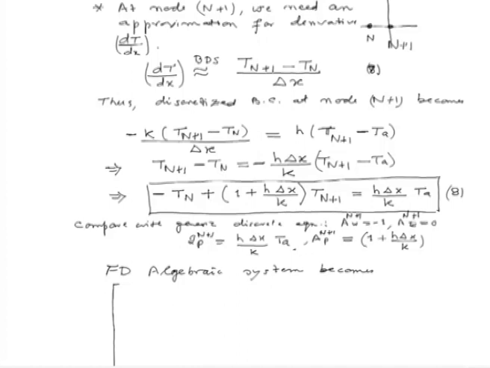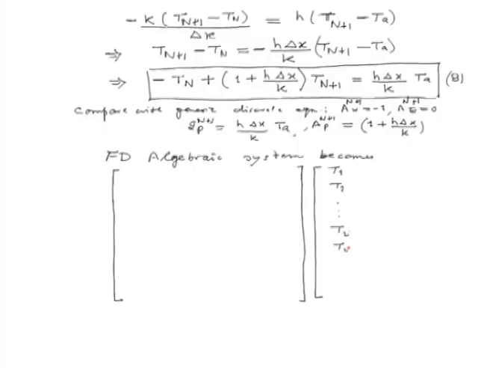For node 1, what we had, the coefficient of, let us put the matrix, let us put the unknown terms here, T1, T2 and so on, as Ti, Ti plus 1 and T of n plus 1.